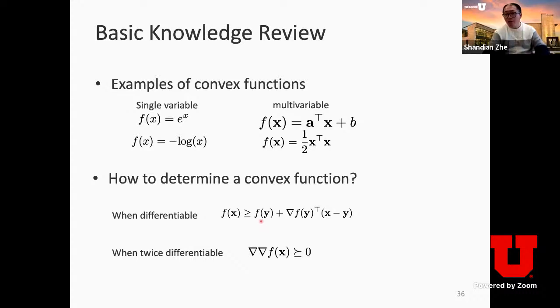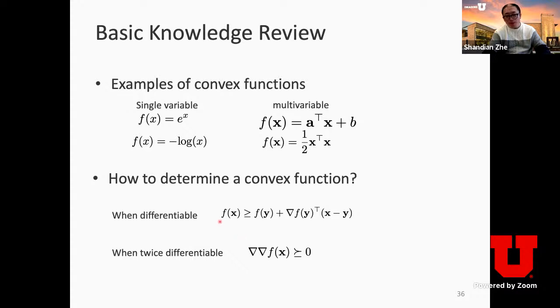This is essentially a tangent line. It's the same as the scalar case. If you evaluate a function value at some point, plus the gradient of that function value multiplied with x minus y, where x is an input of the function, then this is a tangent line of the function curve.